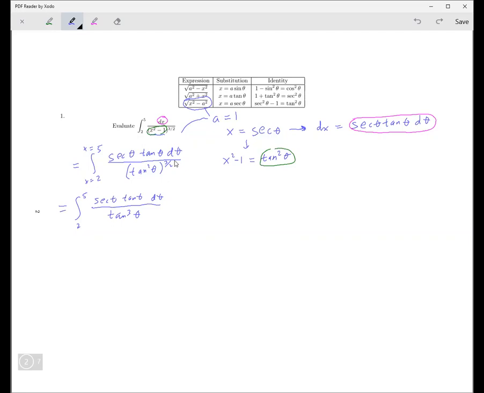Now, there is a technique that I might have forgotten to tell you guys about last time when you have integrals like this. This is like a trigonometric integral now. If you have secants and tangents, or a combination of things, you can always switch everything to sines and cosines, and that might help if you can't see another way to do it.